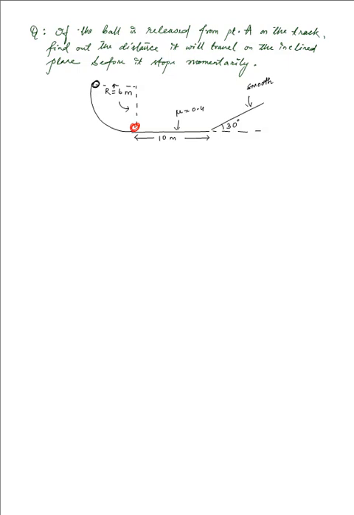So the velocity at the bottommost point from the conservation of energy: mgh, the potential energy at the top, will be equal to half mv squared. Both the m's get cancelled out, so you have v squared at that point equal to 2gh. We'll keep it as such.